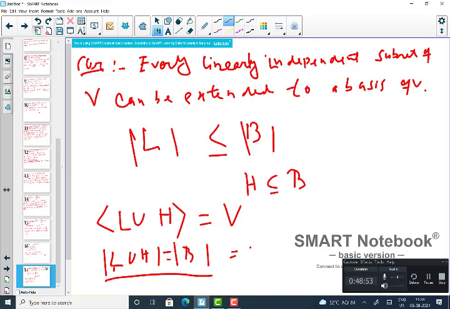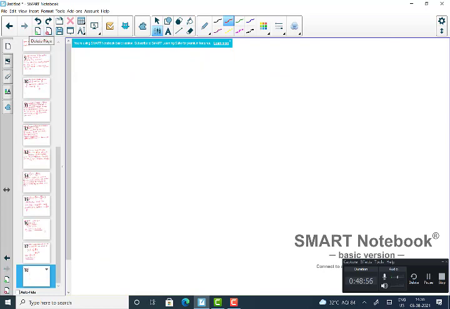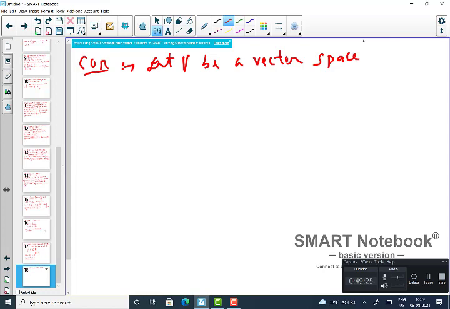So let me prove this last one. And this is another corollary. Let V be a vector space with a finite basis.